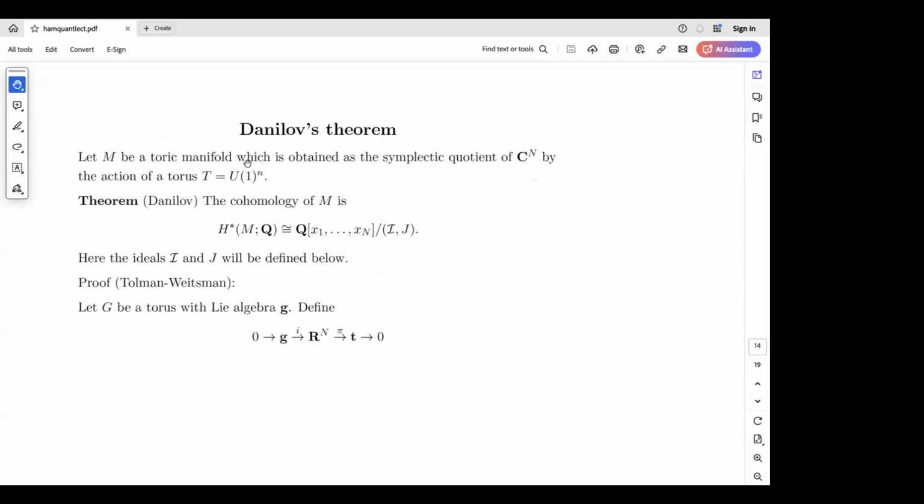So let M be a toric manifold, which is obtained as the symplectic quotient of C to the capital N by the action of a torus U1 to the little n.